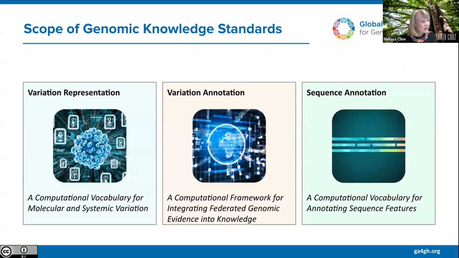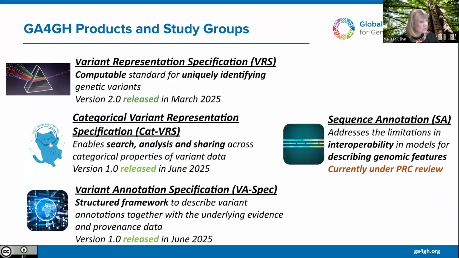And so how we're addressing that in GKS: we have three areas of genomic knowledge standards: variant representation, variant annotation, and sequence annotation. Here are our current products and study groups.